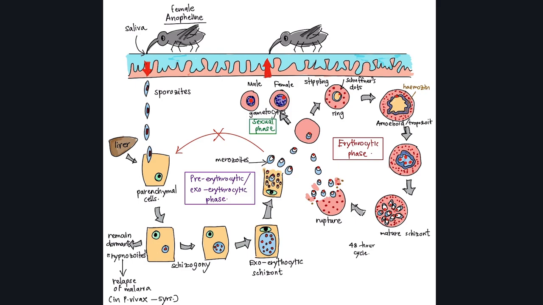After getting mature, the schizont ruptures and again releases these merozoites into circulation, and these merozoites can again enter RBCs. The development of these young merozoites into ring, amoeboid, trophozoite and schizont stages, and then rupture, takes about 48 hours.